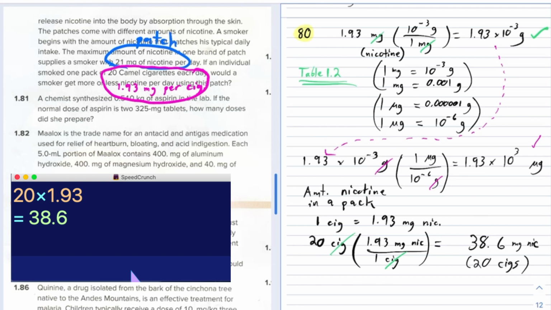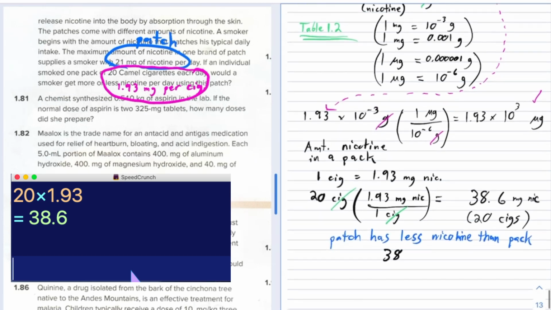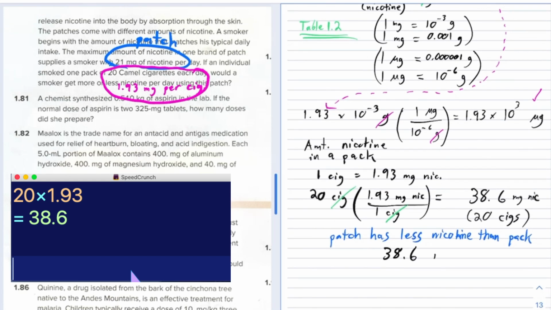Okay, and that's more than the patch. So the patch has less nicotine than the pack. And if you want to know exactly how much less, it's going to be 38.6 milligrams, and that's in the pack.